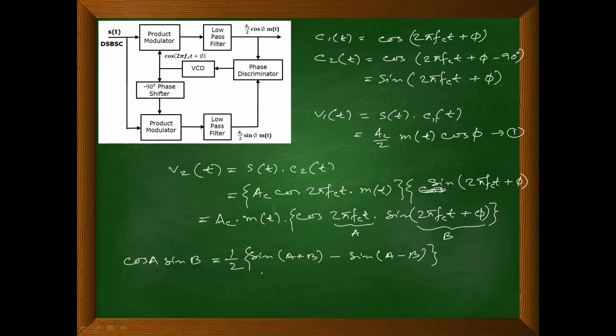So putting this value into the equation of V2, we will get V2(t) equal to Ac by 2 m(t) sin phi.